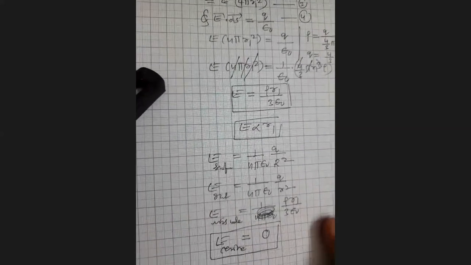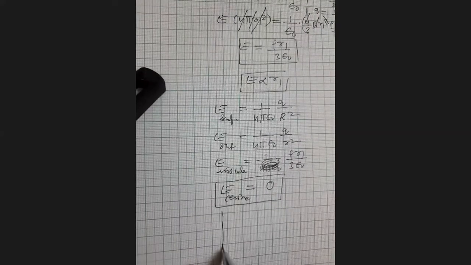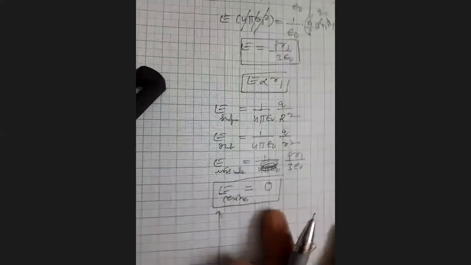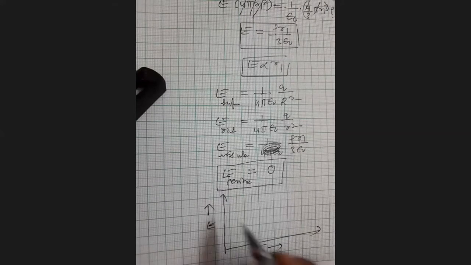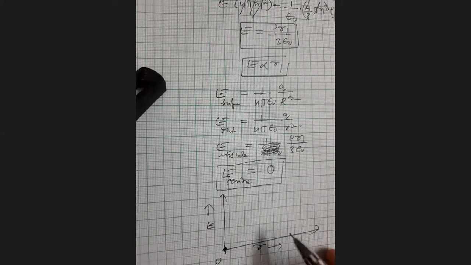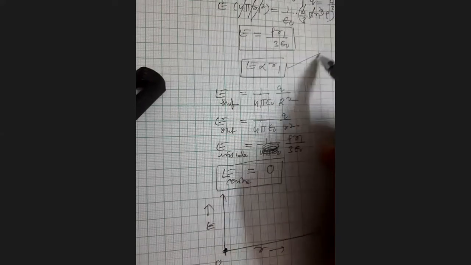So with this, if the graph is plotted between the field strength versus the distance of the point, taking distance on x-axis and field strength on y-axis: at the center, the field strength is 0. As we move from center to the surface, E is proportional to r1.